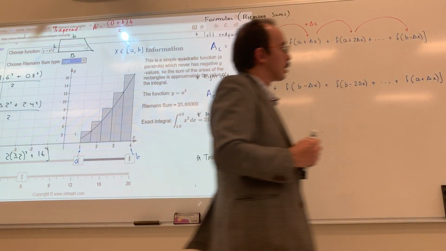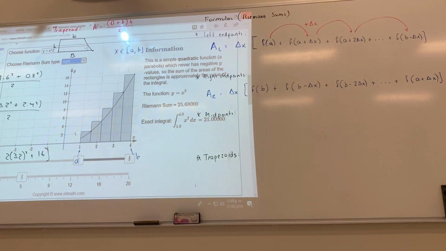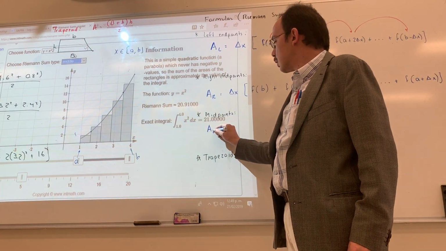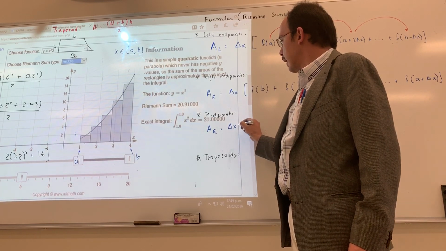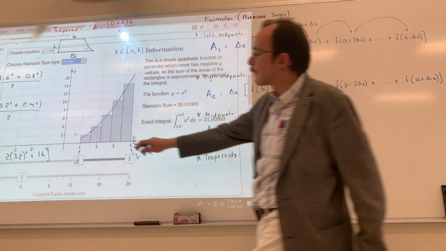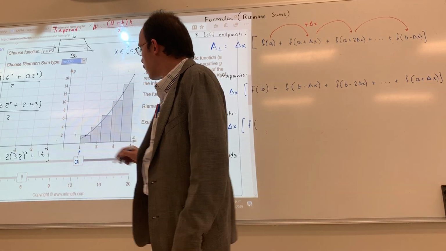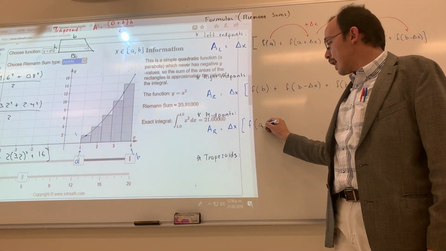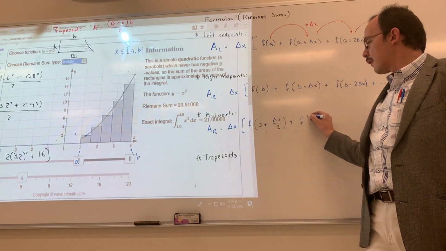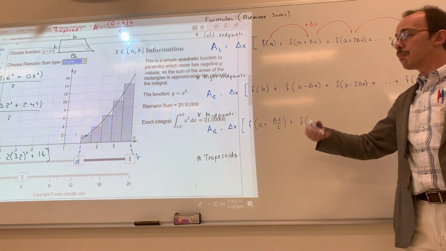For the midpoints, again, delta x times what? Almost done. F of what? What is the first value? F of a plus delta x over 2, plus f of what? That one plus delta x.